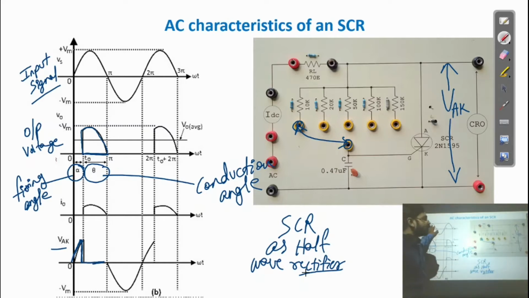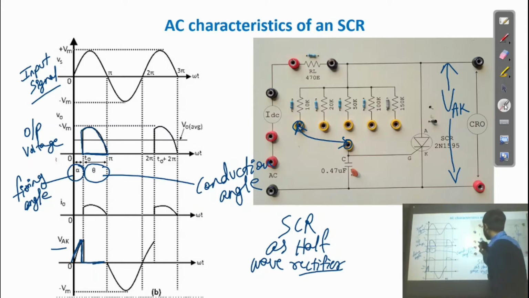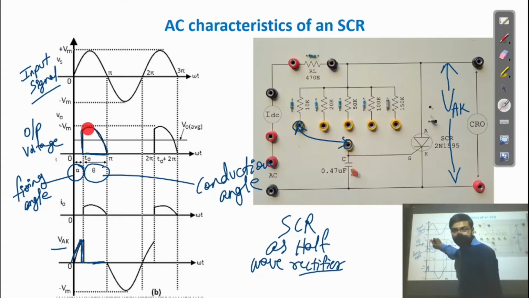in that positive peak you can actually vary the gate current, and by varying the gate current you can actually change the firing angle of an SCR. The moment the current is being applied in this terminal, with respect to RC time constant, it will charge the capacitor, and at a particular value of current, it will fire the SCR at a particular angle.